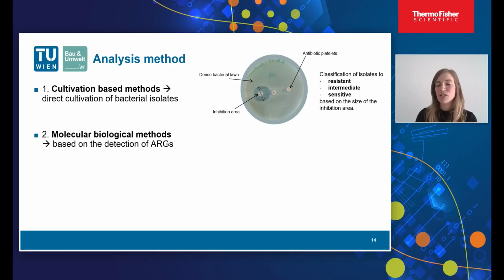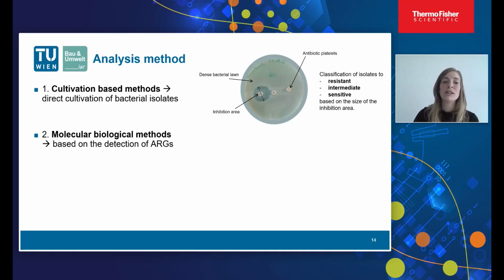And then based on the inhibition area, the bacteria can be classified into either resistant, as it is the case in the middle dot, like the antibiotic platelet in the middle, because here the bacteria doesn't care if there's any antibiotic, or if it's intermediate, or if it's sensitive, as it would be the case on the left-hand side, because they cannot grow due to the antibiotic.